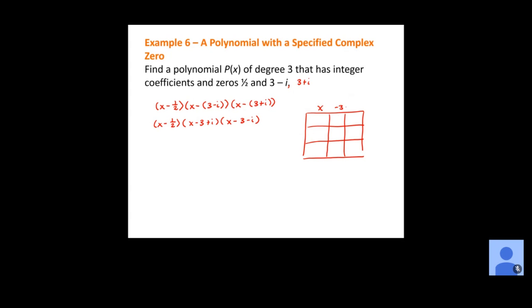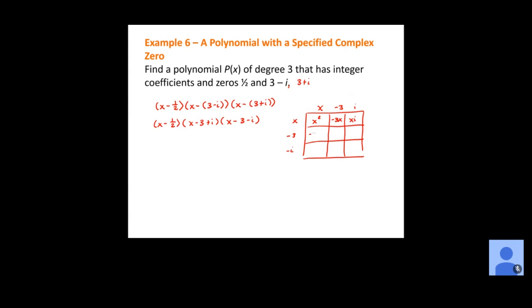So we have x, negative 3 and i, x, negative 3 and negative i. All right, so now when we multiply, we're going to have x squared. We're going to have a negative 3x, positive xi.